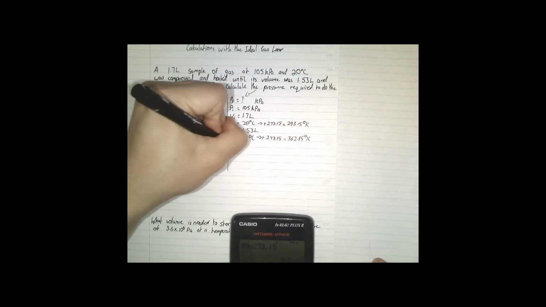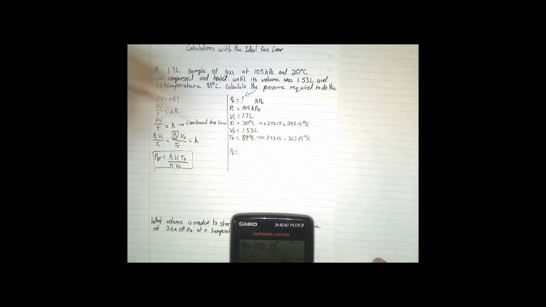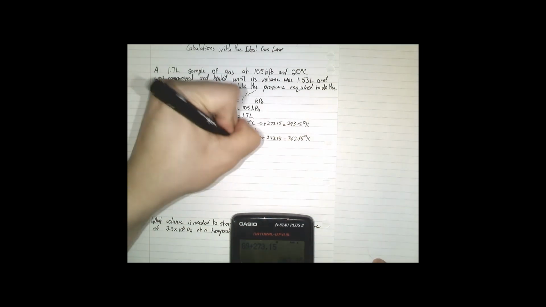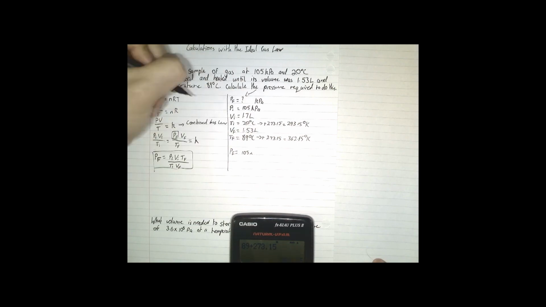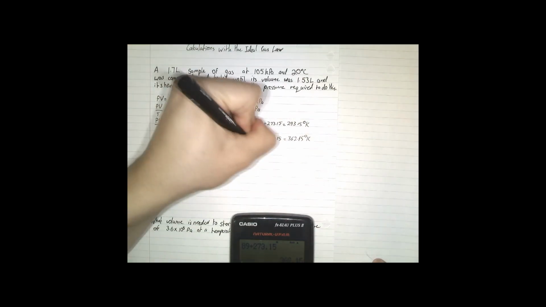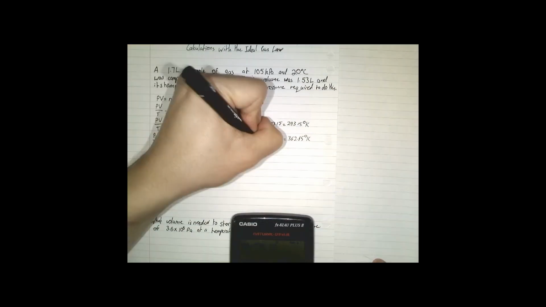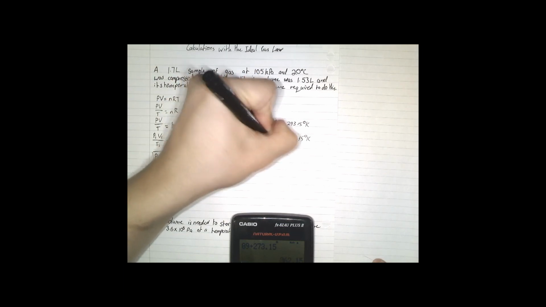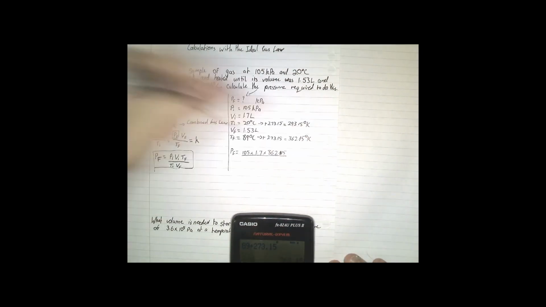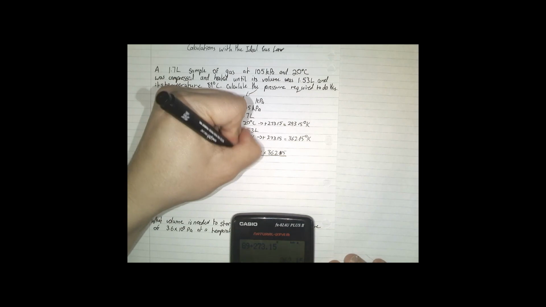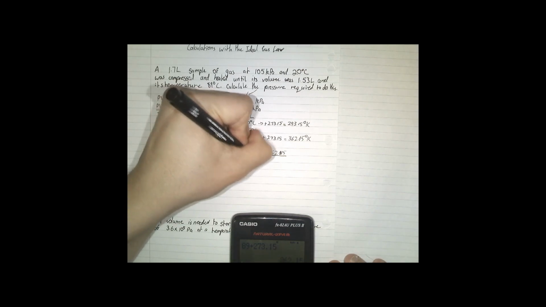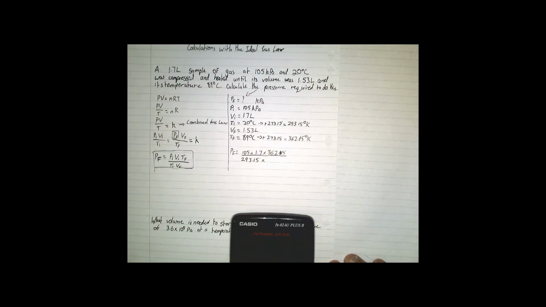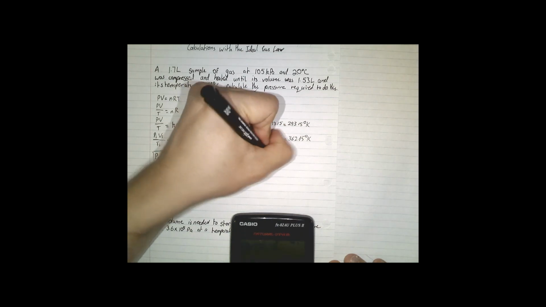So we know that PF is equal to PI, which is 105, times VI, which is 1.7, times TF, which is 362.15, and that's all going to be divided by TI, which is 293.15, times VF, which is 1.53.